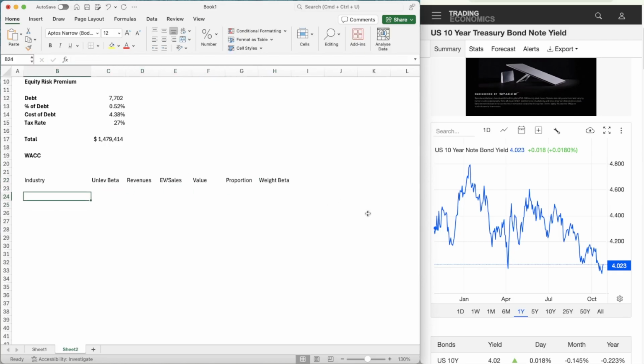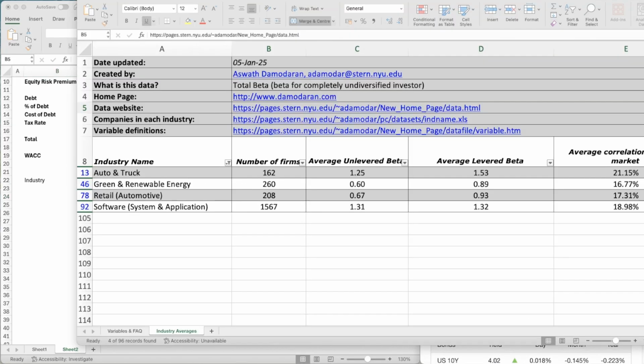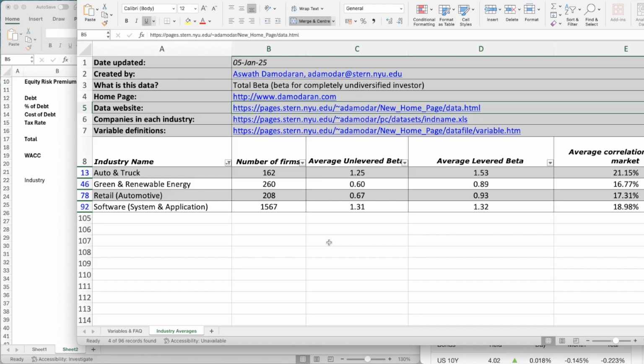So, okay, let's pull up our spreadsheet. So I would put Tesla in these 4 categories: auto and truck, green and renewable energy, retail automotive, software system and application.